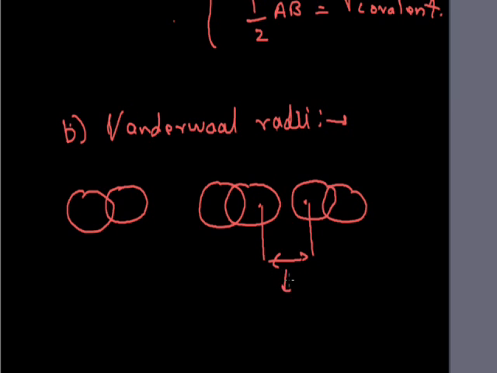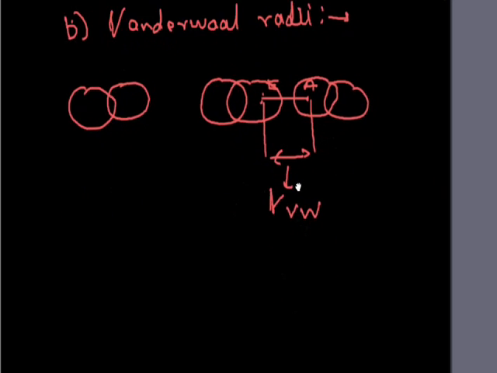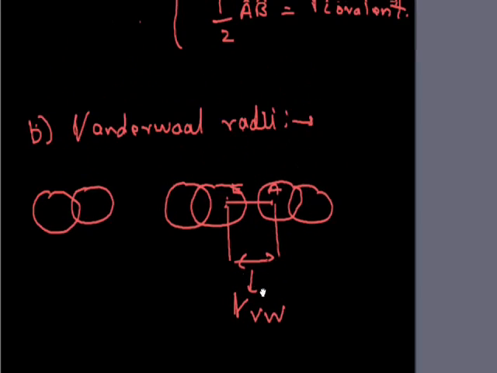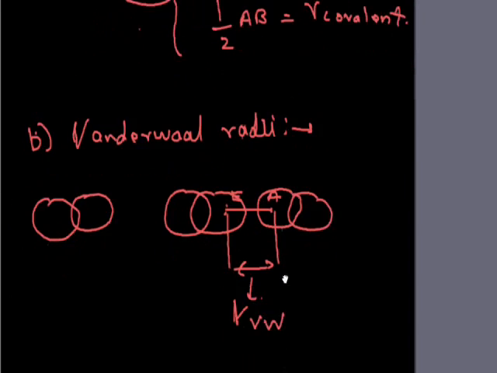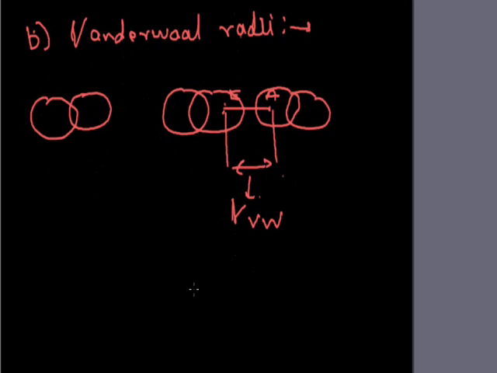So we will represent this distance, let it be E, this as A. We will represent this distance as R van der Waals, means van der Waals radii. So in this we can conclude that the van der Waals radii will always be greater than covalent radii.